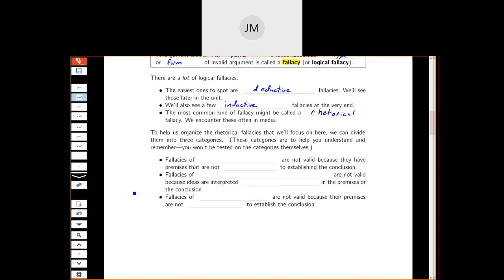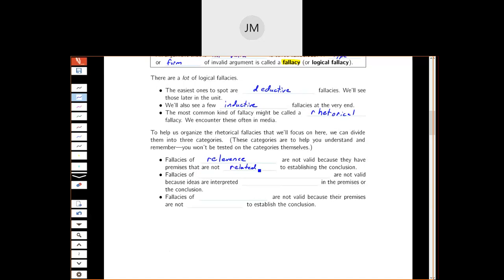Now these categories aren't important; they're just to help us organize things. You're not going to be tested on what these categories are. We just want to understand what is a fallacy and what is not.